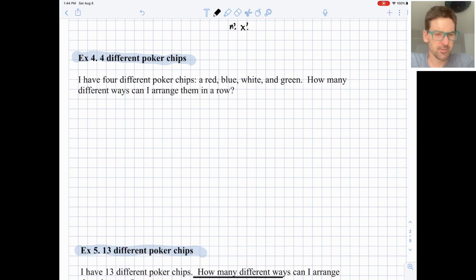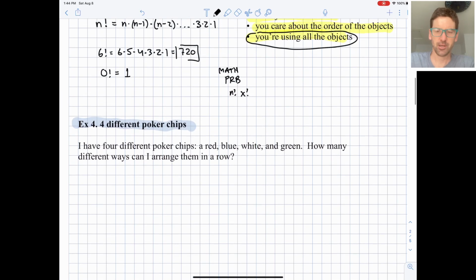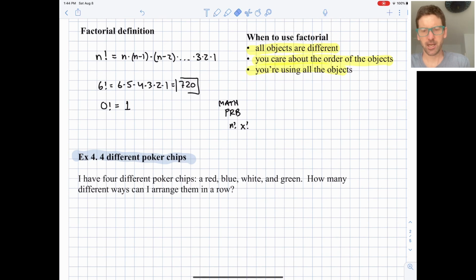So let's look at this next one. 4 different poker chips. So I have a red, blue, white, and green set of poker chips. How many different ways can I arrange them in a row? So let's check our caveats up here. So first, are all the objects different? Yep, it says they're different, 4 different ones. Do you care about the order of the objects? Yes, we do, because it's saying arranging them in a row.